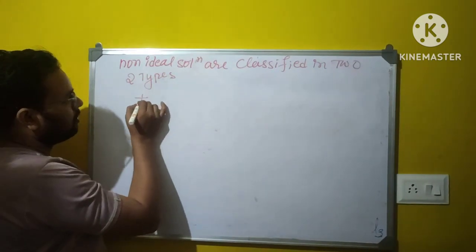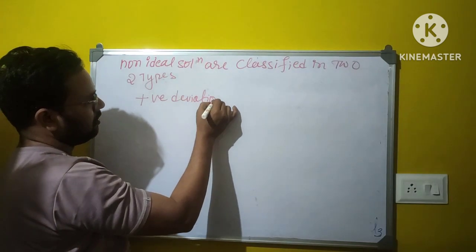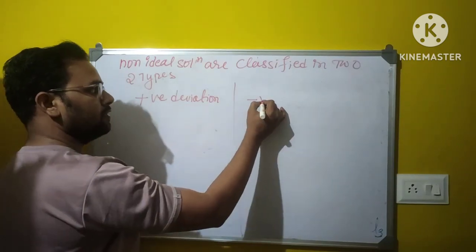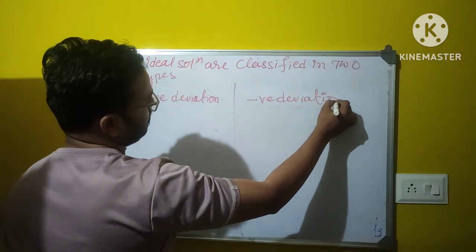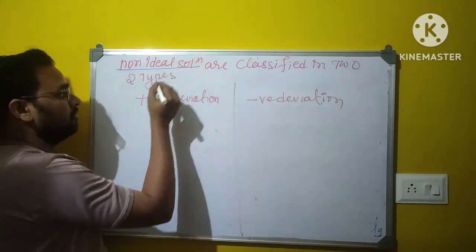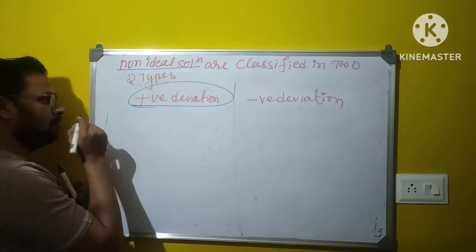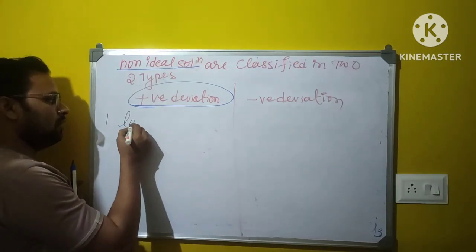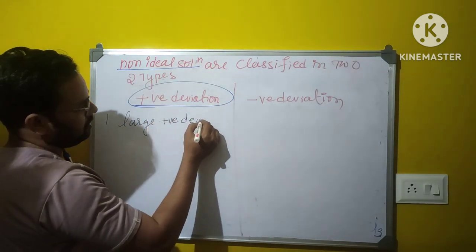One is with positive deviation. Another one is with negative deviation. So, non-ideal solution with positive deviation. Point number 1, which shows large positive deviation from Raoult's law.